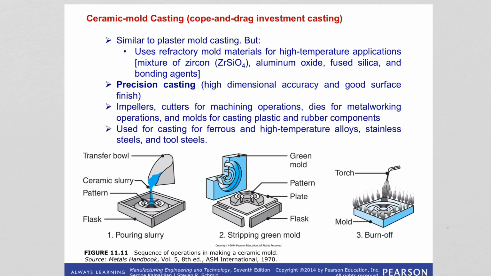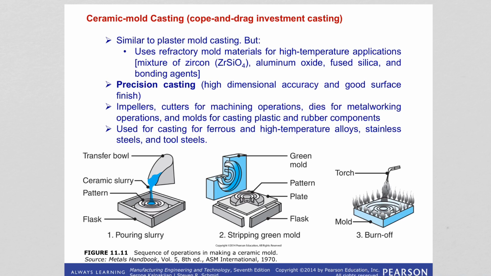Okay, so here are the steps in this process, but as I always tell you, please watch the videos I'm sending you. And here first we have the flask and the pattern inside. The prepared ceramic slurry is poured, and so after removing the mold from the flask and the pattern, it actually needs to be dried, so it's wet.